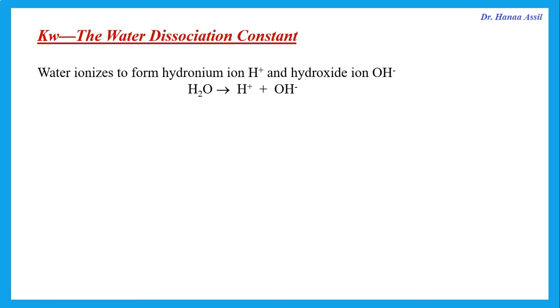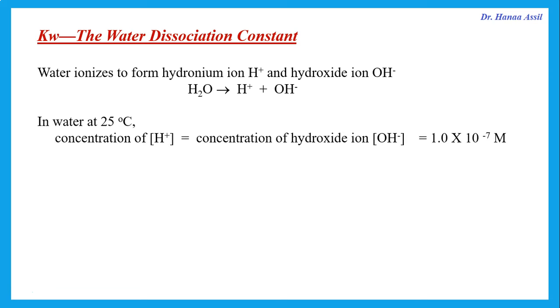And we should know what is Kw, the water dissociation constant. We know that water ionizes to form hydronium ion. Hydronium ion can either be H3O+, or we could just write it as an H+ and hydroxide ion. At 25 degrees Celsius, the concentration of H+ is equal to the concentration of OH-, and this has a value of 10 to the minus 7.